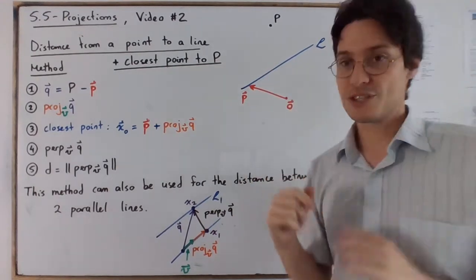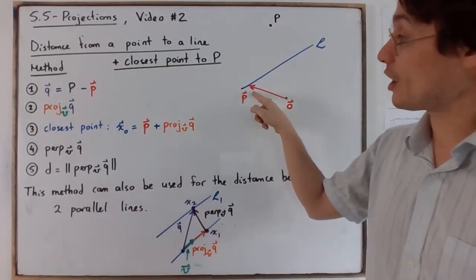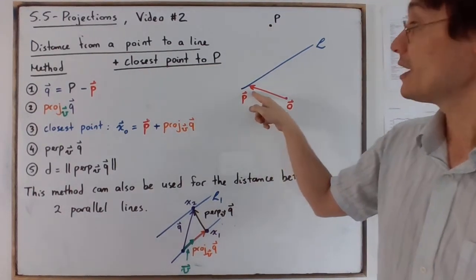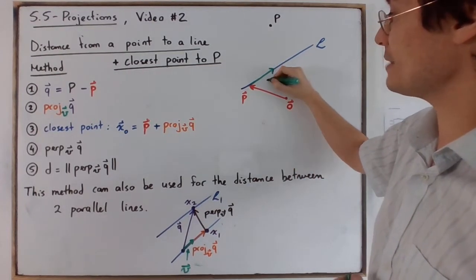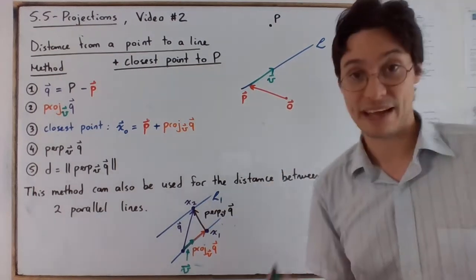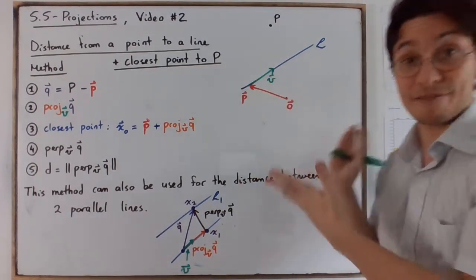The first thing we're going to do is take the position vector of the line that we are given. By the way, we're given two vectors: the position vector of the line, but we also have the direction vector of the line. This is all that's given to us.